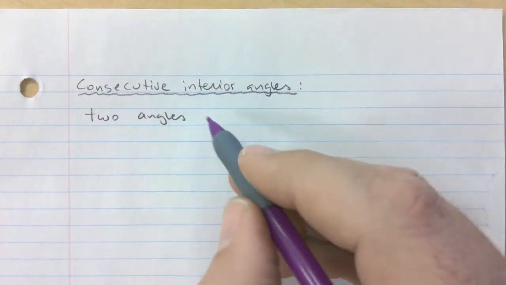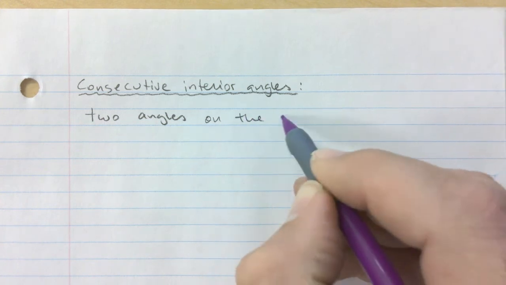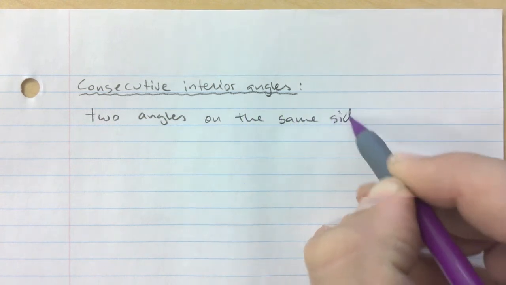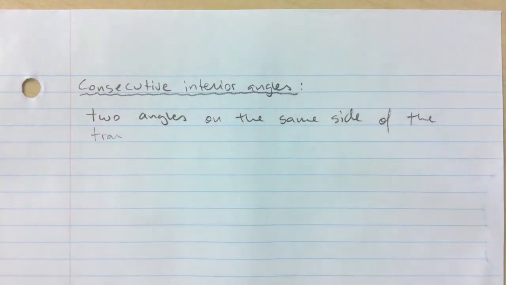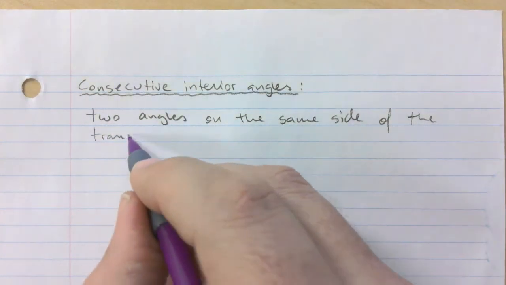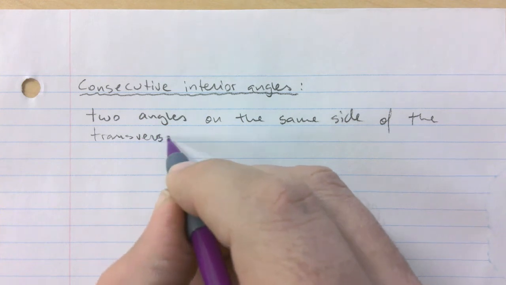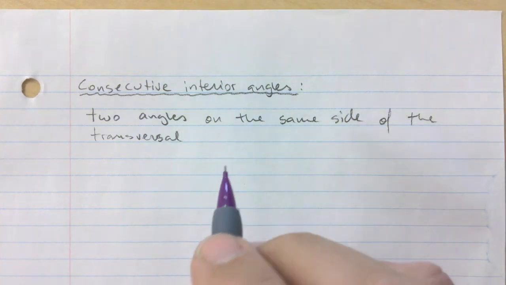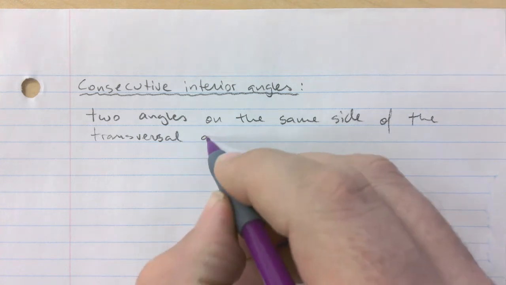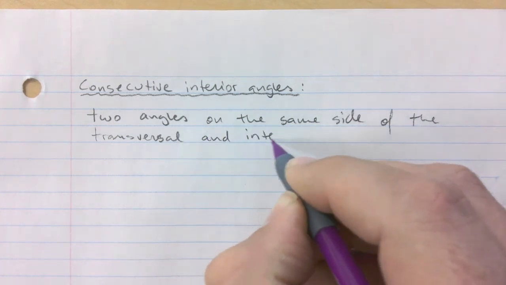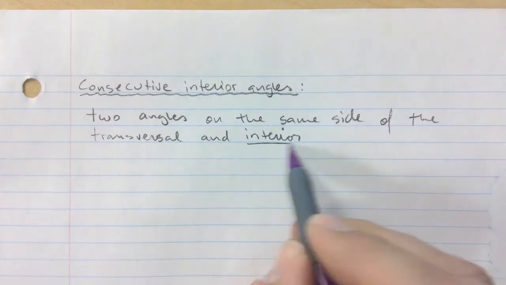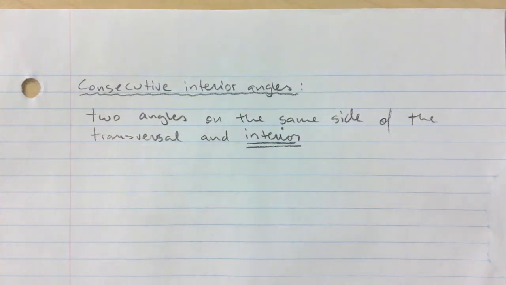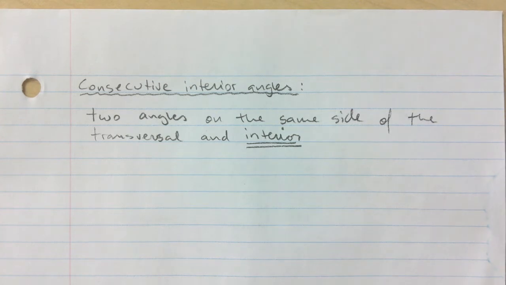Two angles on the same side of the transversal and interior. Consecutive is one after the other kind of thing.